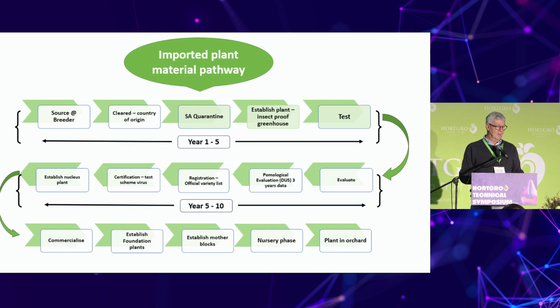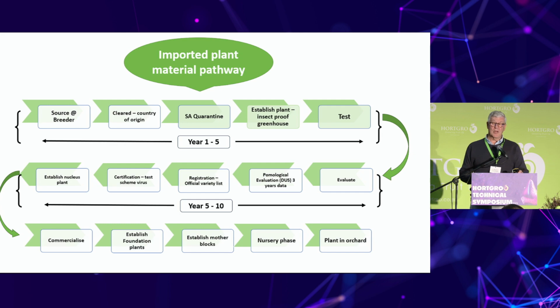Now remember, if you look at the source of the breeder, there's 10 to 15 years of developing that cultivar. So once that cultivar has been developed, it takes close on 10 years to actually get it into the system. Going through plant quarantine is hopefully a 2 or 3 year process, but basically you need to graft a bud onto a rootstock, grow it out, and then test that to make sure that you don't have a quarantine organism.